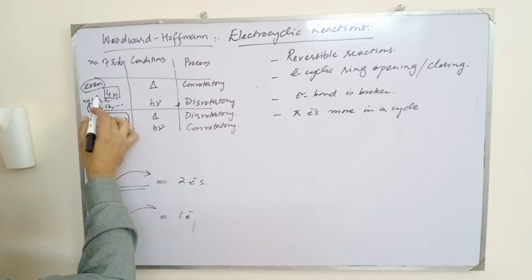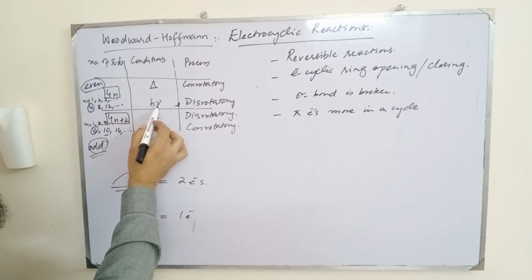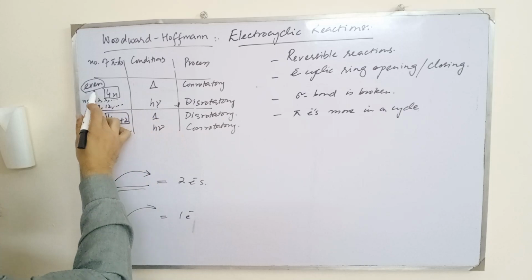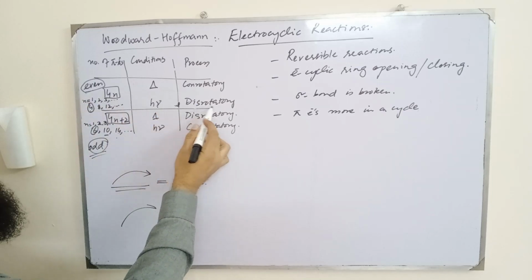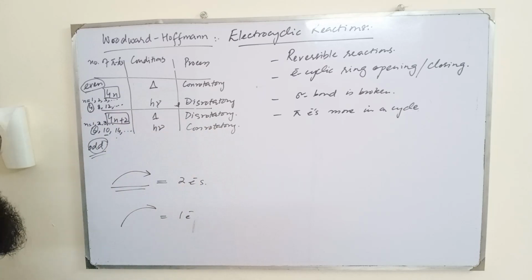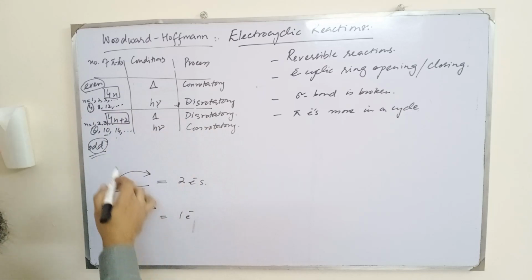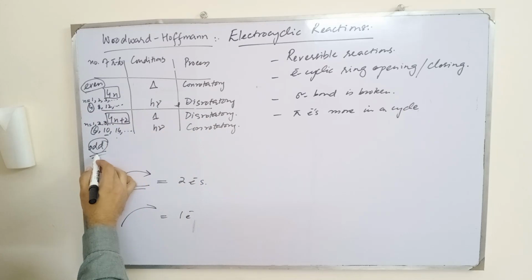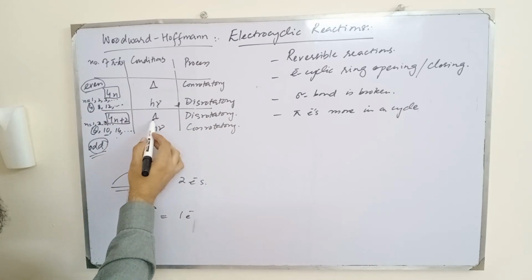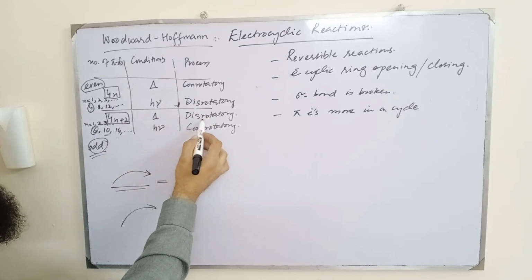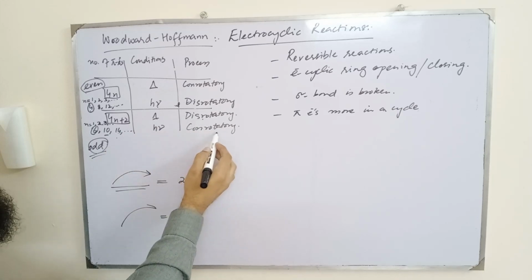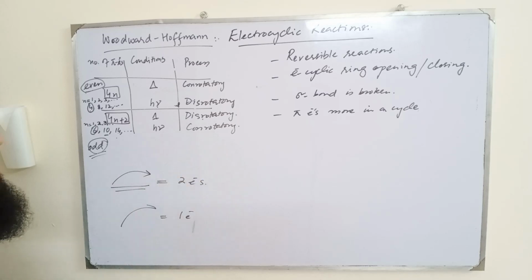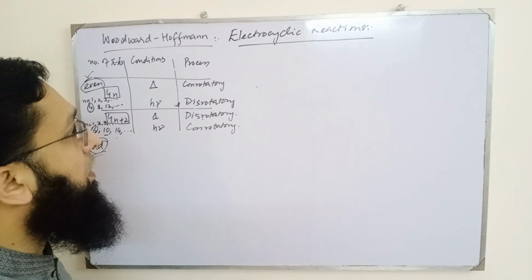If the reaction is initiated by light, photochemical conditions, and the number of electron pushing arrows is even, the process would be disrotatory. And for odd electron pushing arrows, under thermal conditions the process would be disrotatory, and under photochemical conditions the process would be conrotatory. Now we see some examples to elaborate the Woodward-Hoffmann rule.